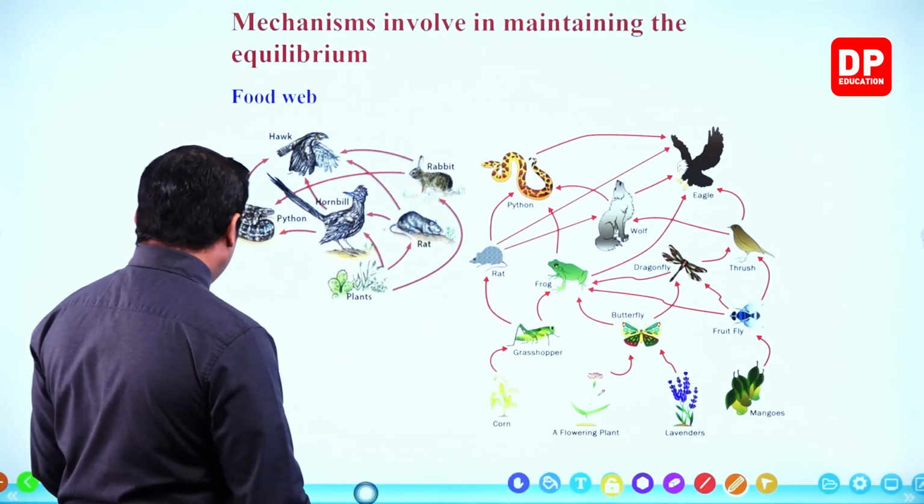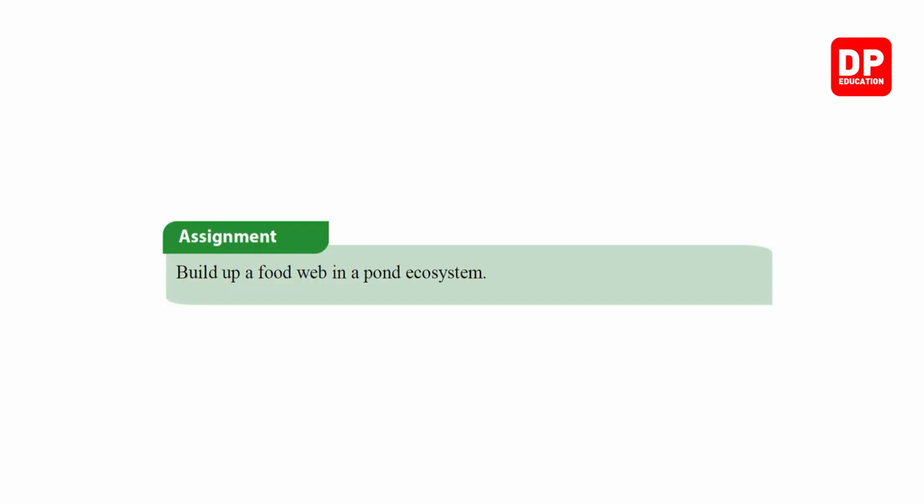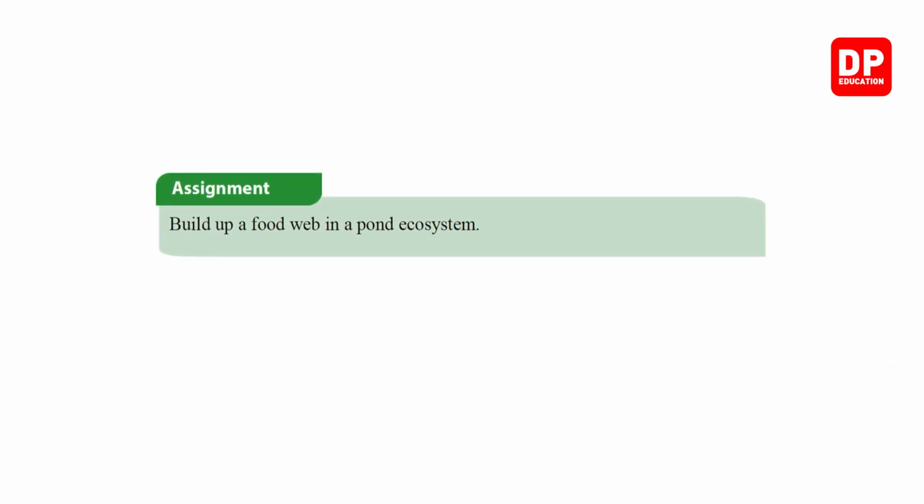Right then, you are given an assignment: build up a food web in a pond ecosystem, right? So I'm going to build up this thing then. Who are the organisms that we can observe within a pond?